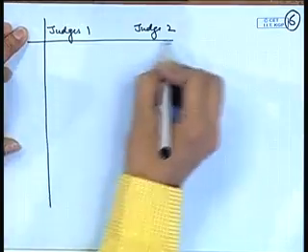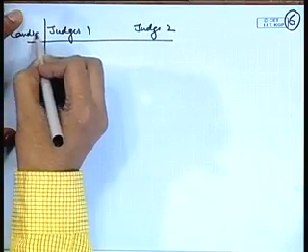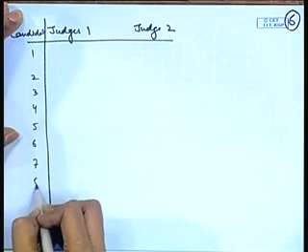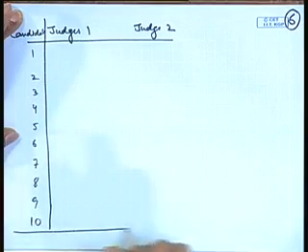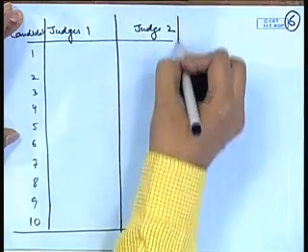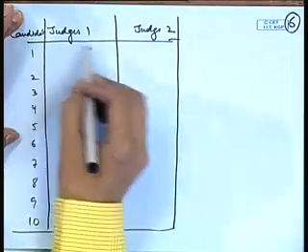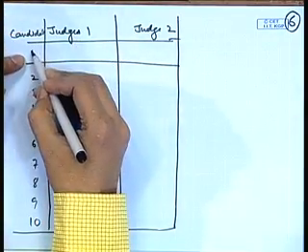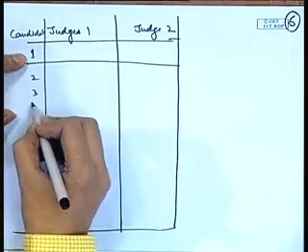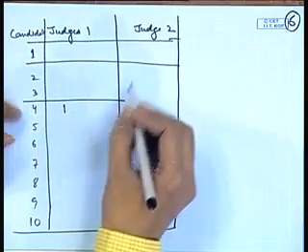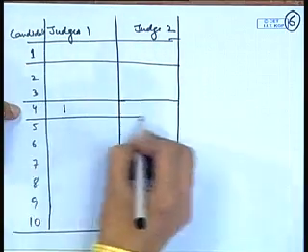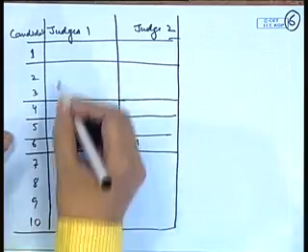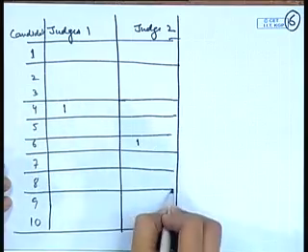Now, we have candidates 1, 2, 3, 4, 5, 6, 7, 8, 9, 10. So, rather than giving the scores, their ranks are mentioned. For example, judge 1 ranks candidate number 4 as 1, whereas judge 2 ranks candidate number 6 as 1. Likewise, they give ranks to all the candidates.